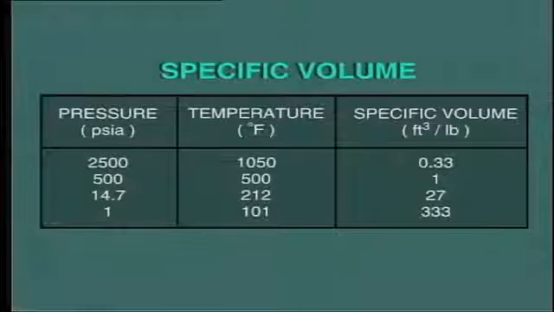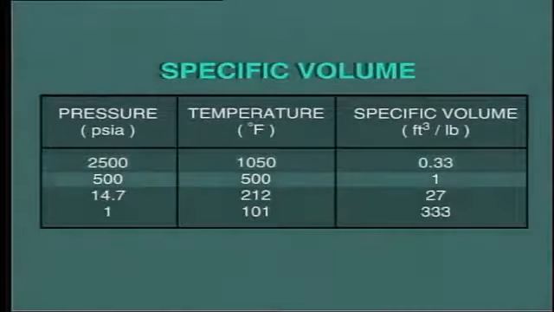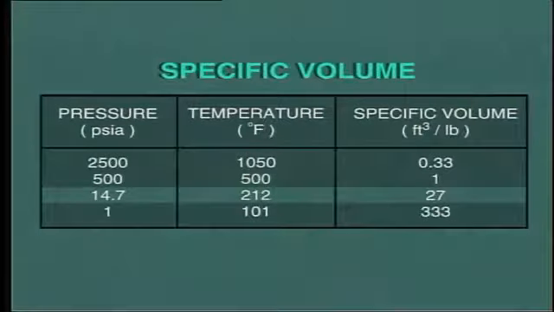In fact, the change in specific volume of steam is quite dramatic, as we can see in this table. 1 pound of steam at 2,500 psia and 1,050 degrees Fahrenheit occupies a space of 1/3 of a cubic foot. At 500 psia and 500 degrees Fahrenheit, the specific volume is 1 cubic foot. At atmospheric conditions, the volume occupied by 1 pound of steam is 27 cubic feet.